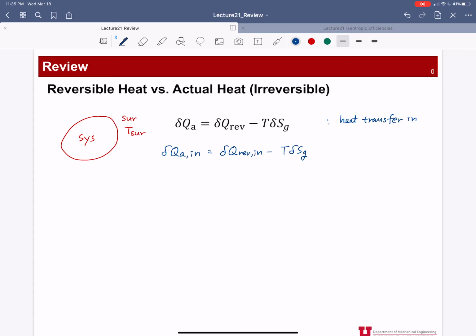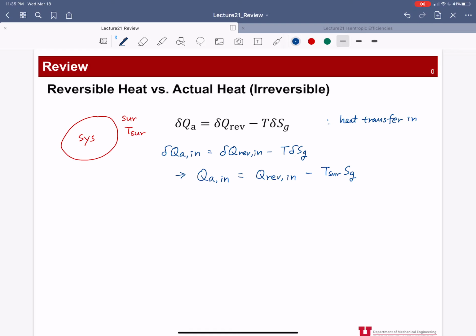Then this infinitesimal equation can be rewritten as Q actual in, the actual heat transfer in, equals the reversible heat transfer in minus T surroundings times Sg.